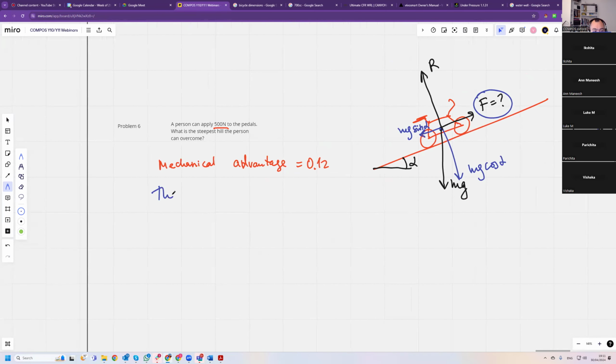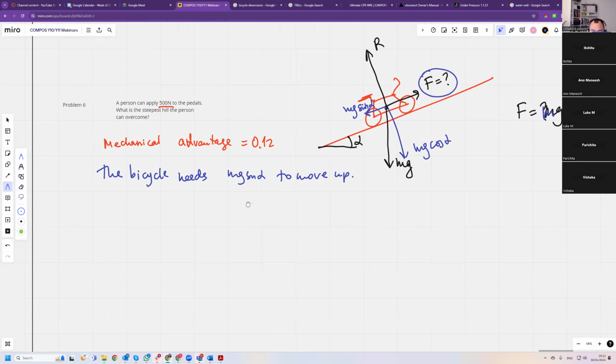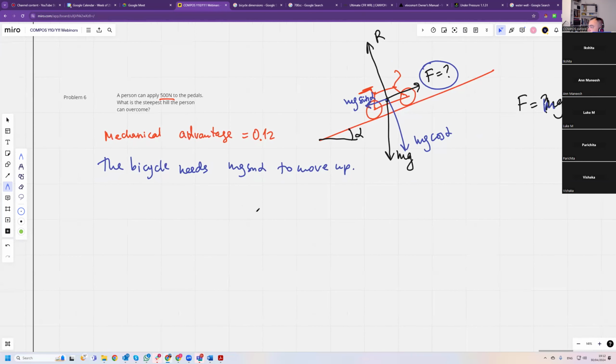The bicycle needs mg sine alpha to move up. But you have the mechanical advantage, which is your disadvantage because you need more force.